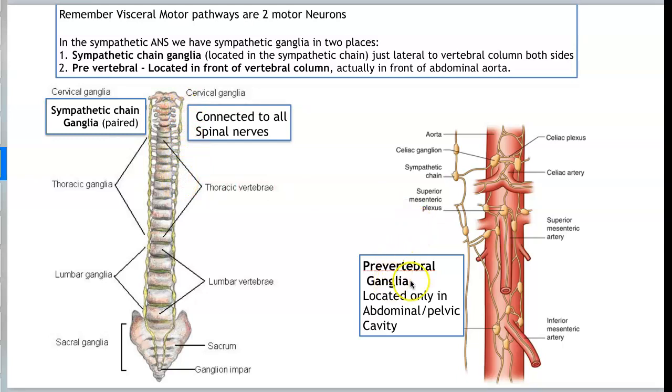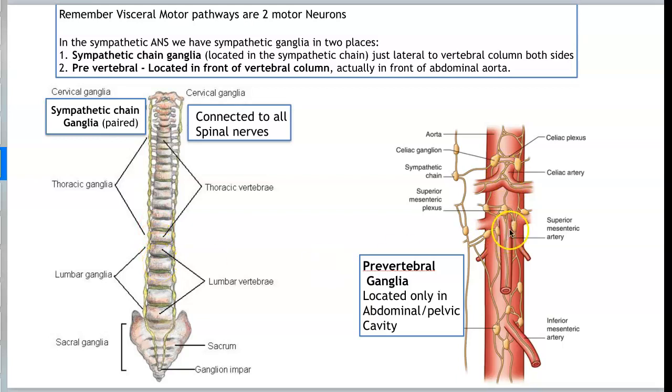Now, the other ganglia that it can synapse in is what we call prevertebral. Pre means in front of, and we're talking about in front of the vertebral column. But basically, it's in front of the abdominal aorta. Here's the aorta. Remember, the abdominal aorta is sitting down here.